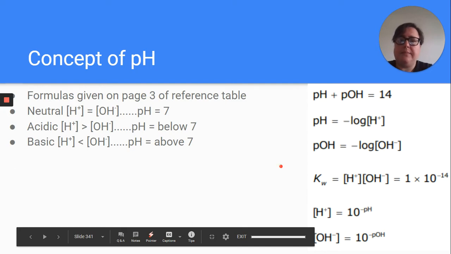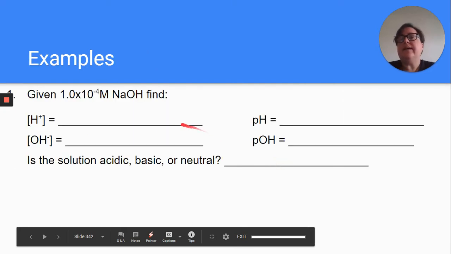So let's look at some examples. So here we're given 1 times 10 to the negative 4th molar, so there's my unit of concentration, of sodium hydroxide. Now, sodium hydroxide, being an ionic solid, will break apart in water to form ions, so it's an electrolyte. And so we can get our hydroxide concentration because that's what's given to us, because that's what that's breaking into.